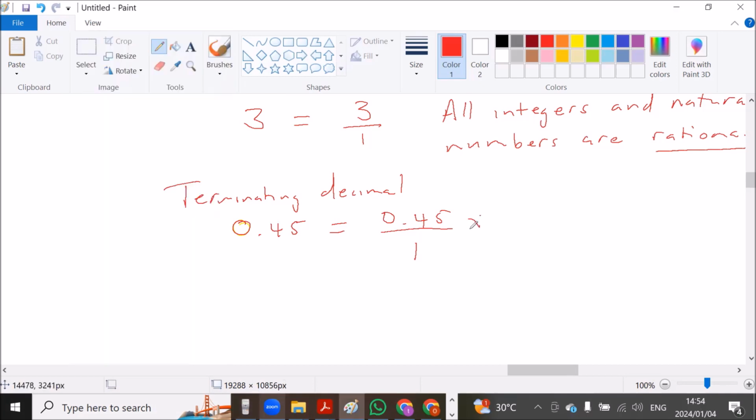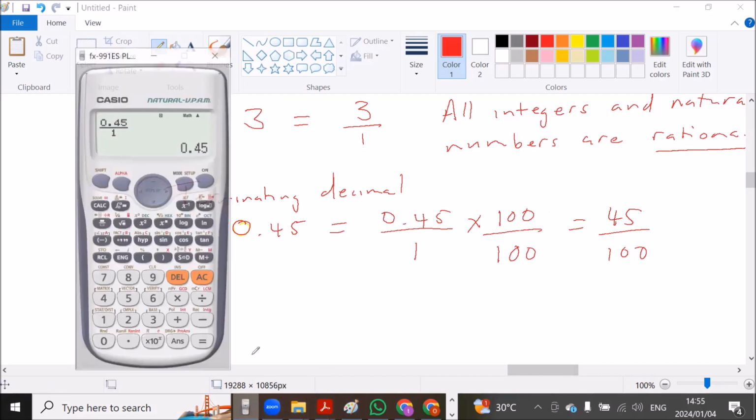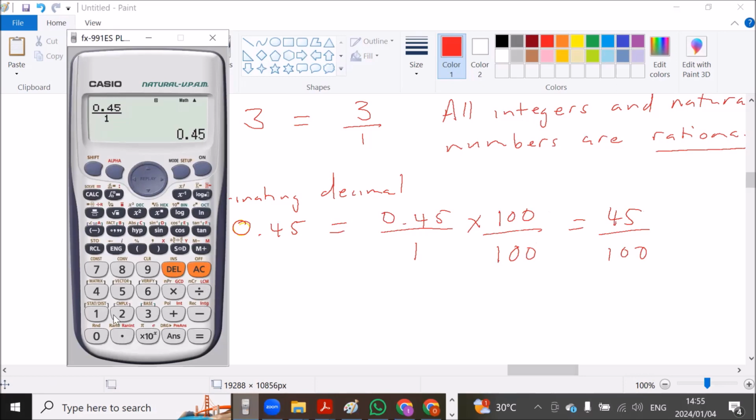If we multiply this by 100 over 100 with the aim of making this a whole number, we will get 45 over 100. 1 times 100 is 100. 0.45 times 100 is 45. Okay, why multiply by 100 over 100? 100 over 100 is the same as 1. We can see on our calculator 100 over 100 is the same as 1.